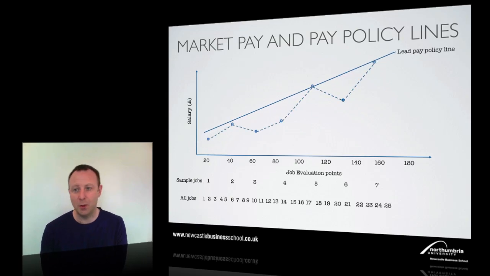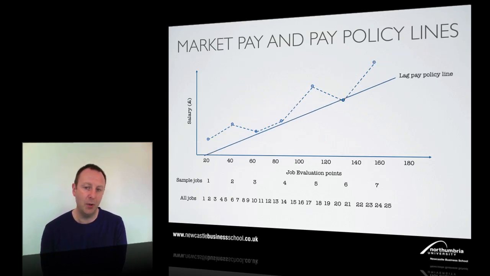Now, of course, if we want to operate a lead pay policy, then we can push the policy line upwards. If we want to operate a lag pay policy, we can push the policy line down, and we can again read off what the rates of pay might be, operating different types of pay policies.